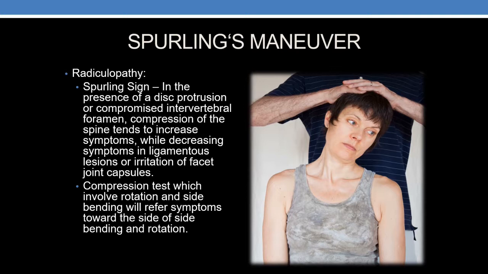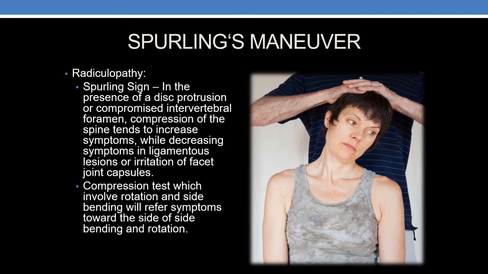Now, in the case of a disc lesion, compression, any of these forms of compression, whether they're included with side bending or rotation or extension, this will refer symptoms toward the side of the side bending and rotation.